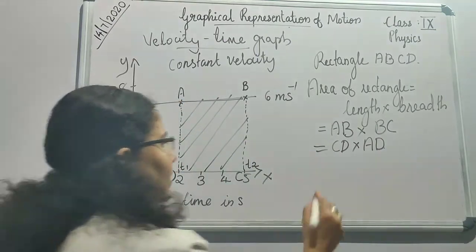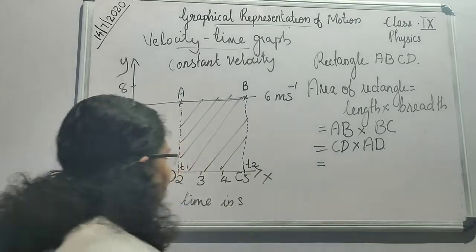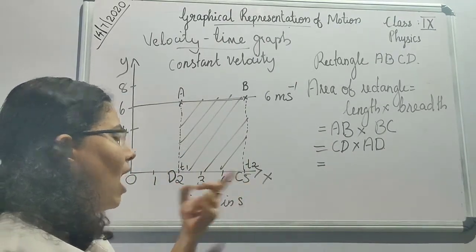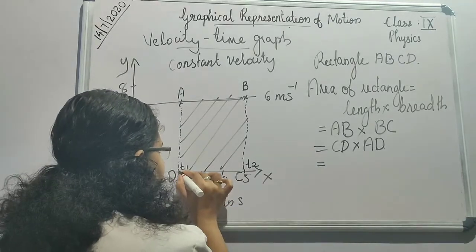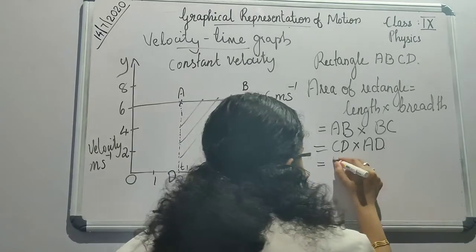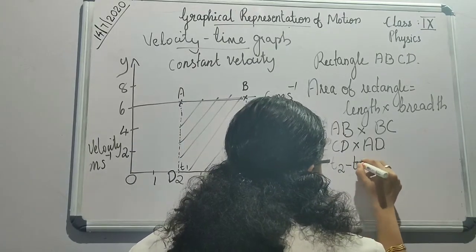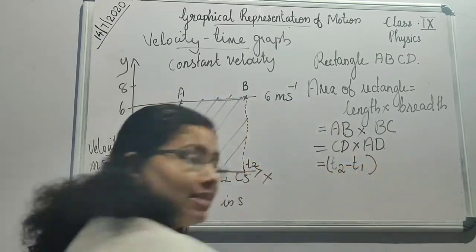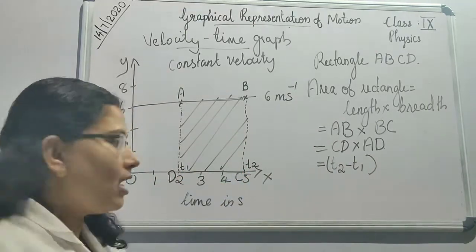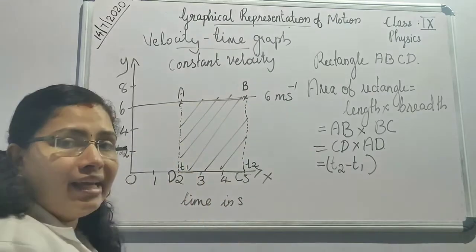And here, how can we calculate CD? This is the length of CD. That is T2 minus T1. And what is AD?